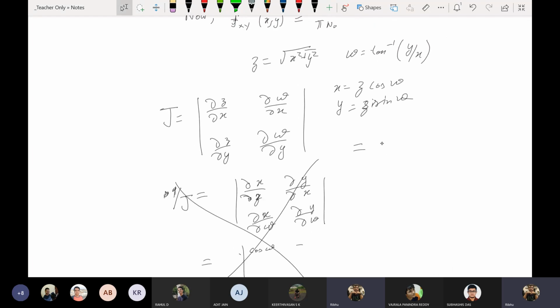So del z by del x is nothing but 1 upon 2 root of x square plus y square, and this is 2x, 2x upon root over x square plus y square.